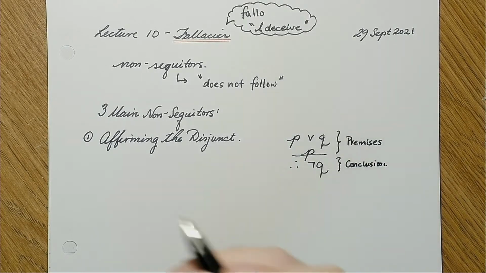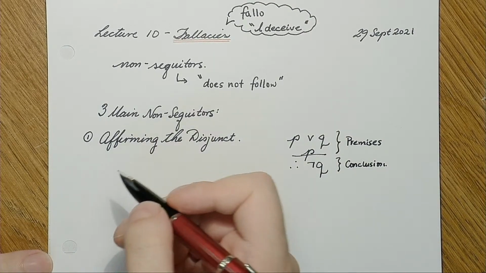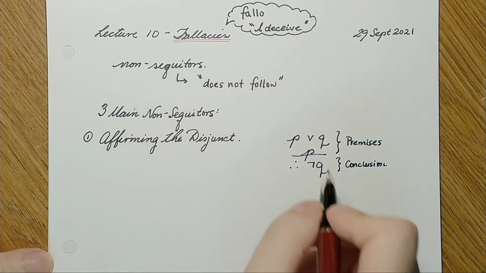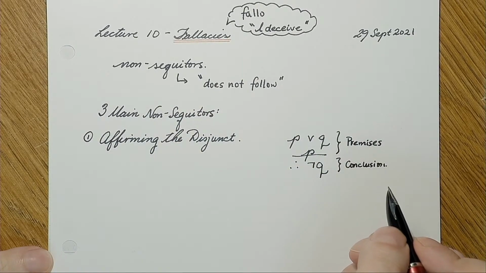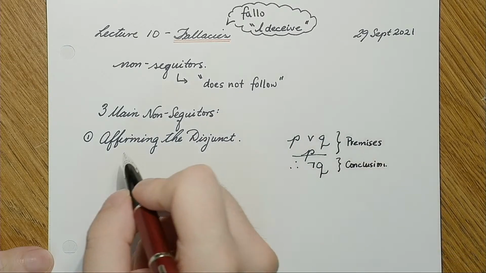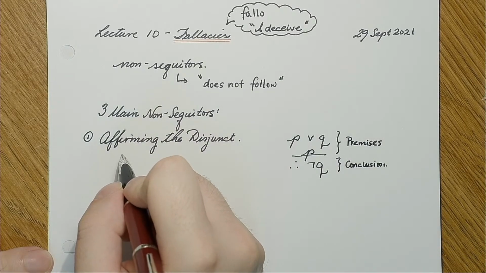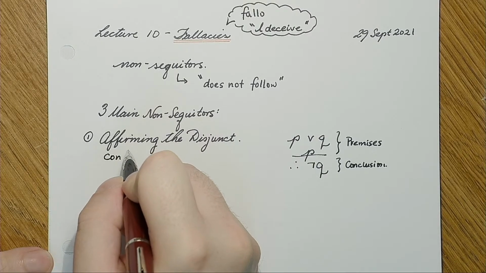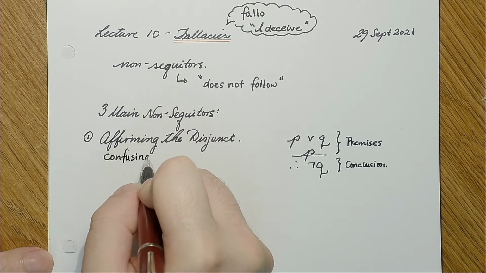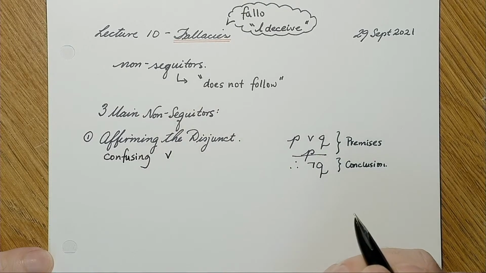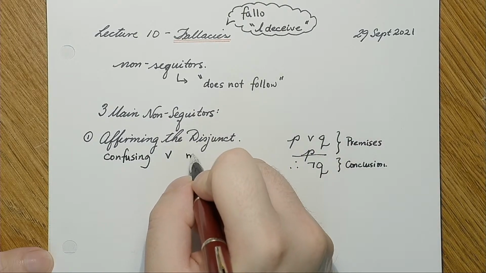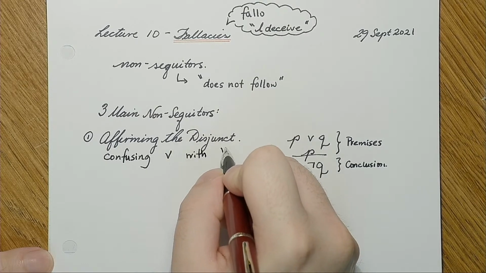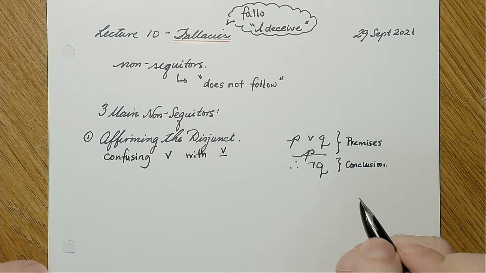The issue, the fallacy that's cropping up, is that the person making this argument is confusing the regular disjunct that we use with the exclusive disjunct.